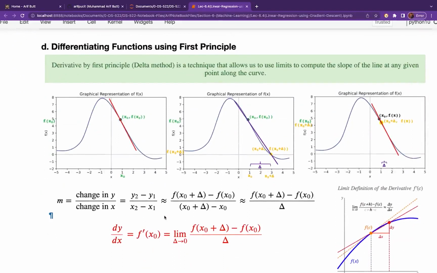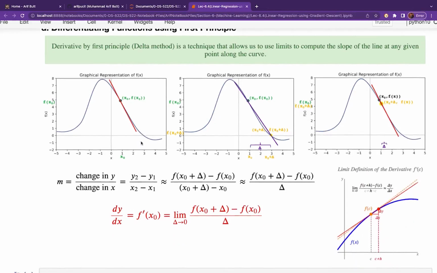Let me talk about differentiating functions using first principle, which is a technique that uses limits to compute the slope of a tangent line at any given point along the curve. Imagine that we have a generic function whose graphical representation is shown in these three graphs.